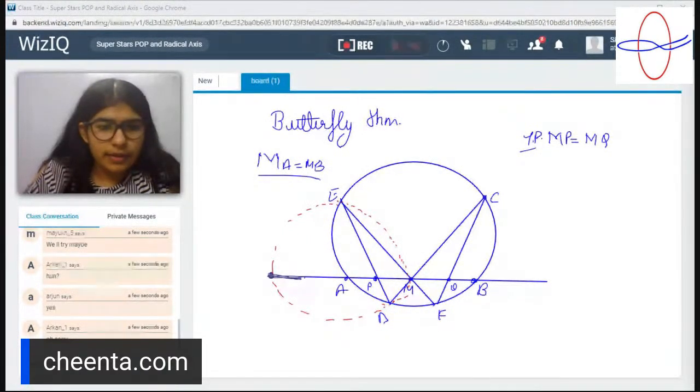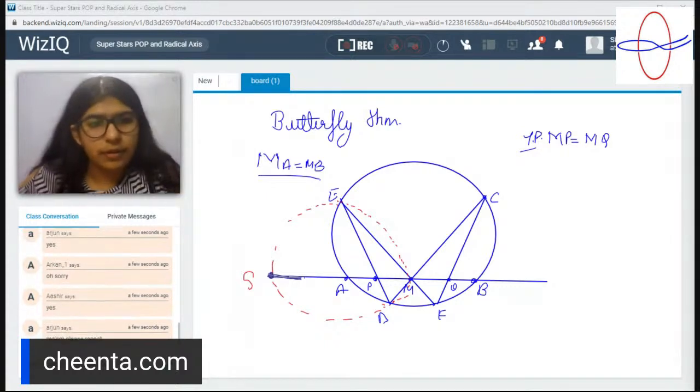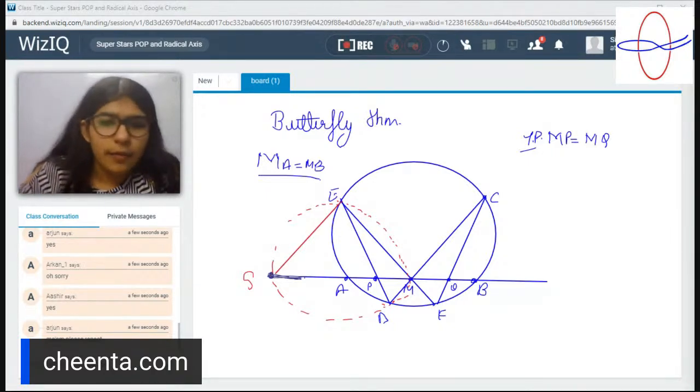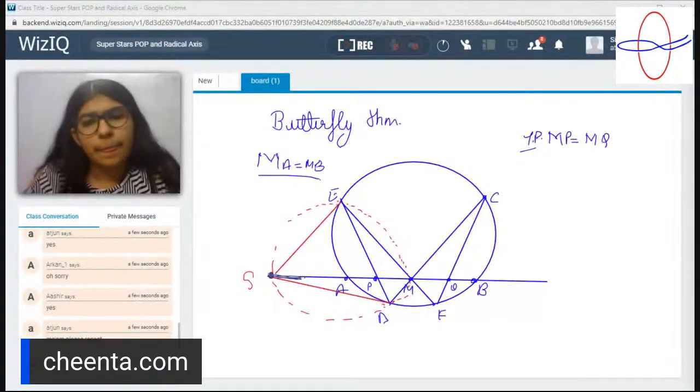Let it intersect this one over here at, suppose, S. I'm just repeating what we did. How far did we go yesterday? We complete the circle NED and let it intersect AB again at S. So you join SE and ST, along with SF and SP.